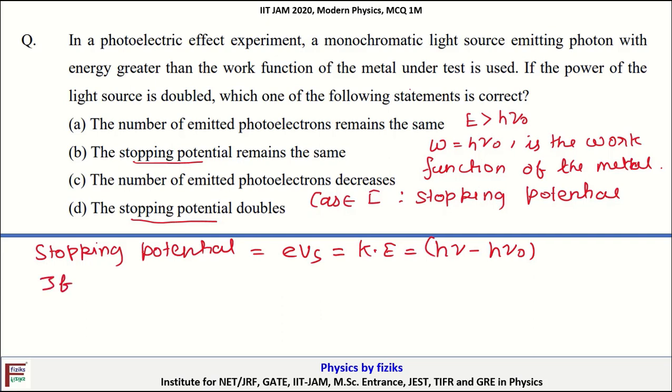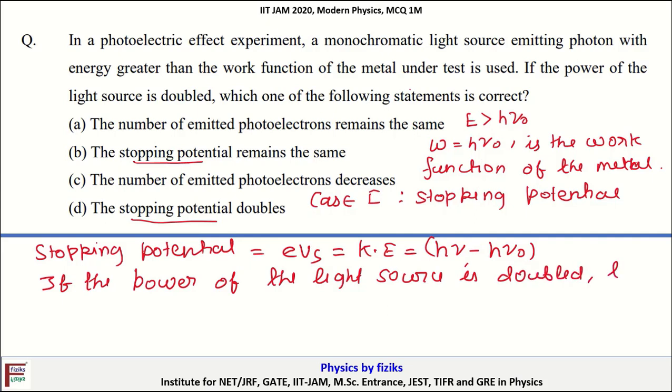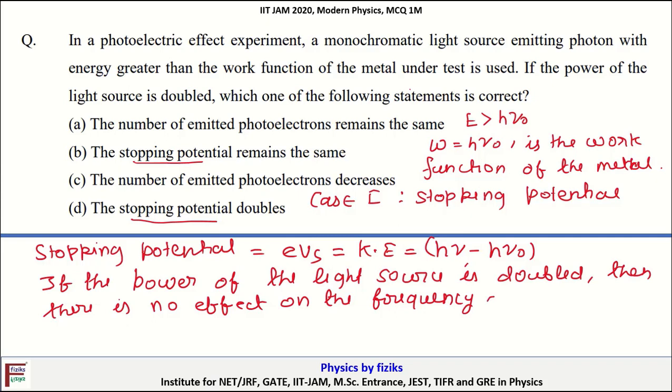If the power of the light source is doubled, then there is no effect on the frequency of incident light and work function.